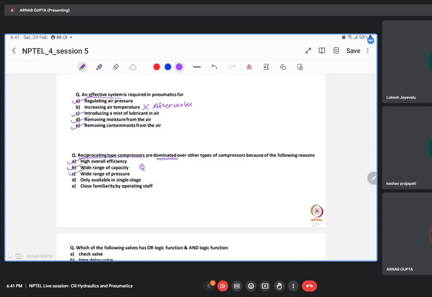Only available in single stage. This is not a correct option, because we can have multi-stage compressors where, suppose you need to achieve a very steep pressure differential, it is better to do it in multiple steps.